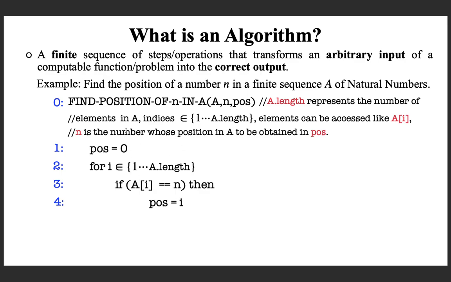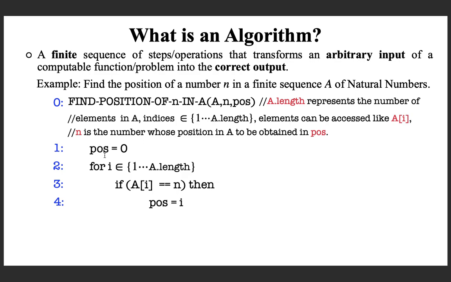You get a finite sequence of numbers and another number, and you want to find the position and return it through this argument. Assume that A dot length represents the number of elements in the sequence A, and an element can be accessed using the notation A at I.